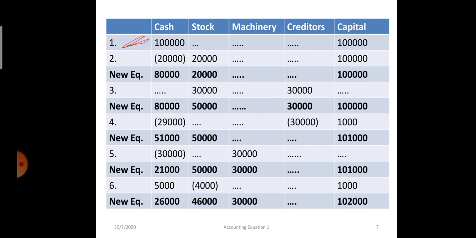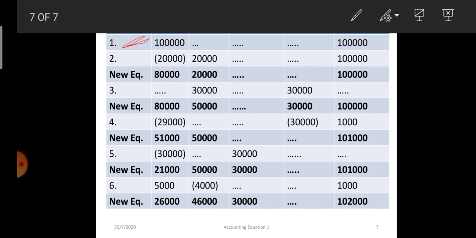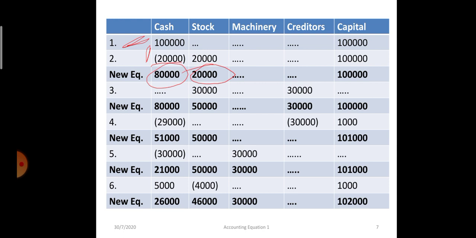There will be no effect on capital or creditors. So the new equation is 1 lakh minus 20,000, you will get 80,000 rupees, and stock increased by 20,000 rupees. So 80 plus 20, it is 1 lakh rupees on the asset side, and on the liability side no change, so capital will remain 1 lakh only. So both sides total is 1 lakh.